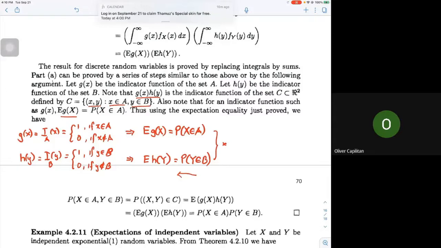Hence, we have now the product of the expectation of g of x and then the expectation of h of y. Again, using this note, the asterisk, then we have shown the product of the probability that x is an element of A and the probability that y is an element of B. Okay, so this is the proof of part A.